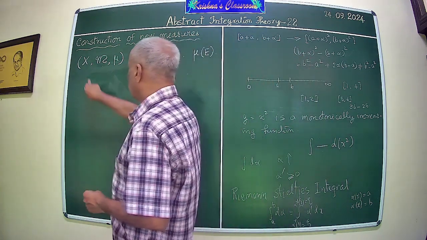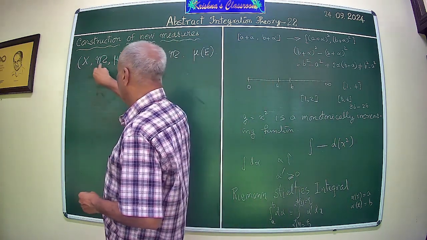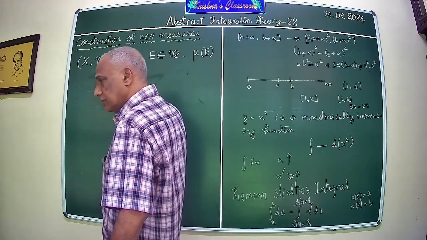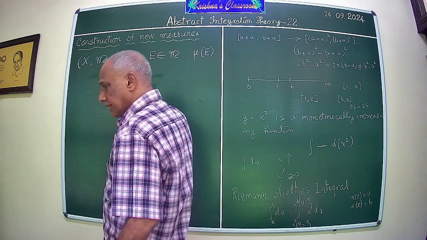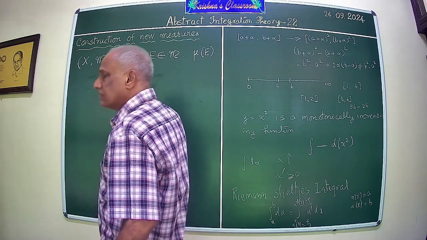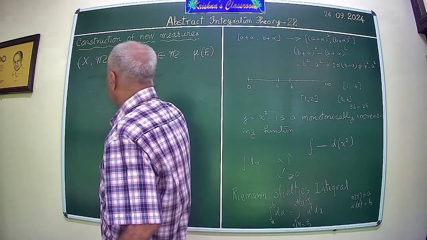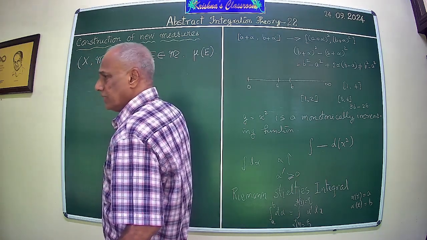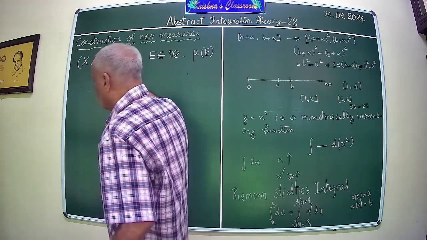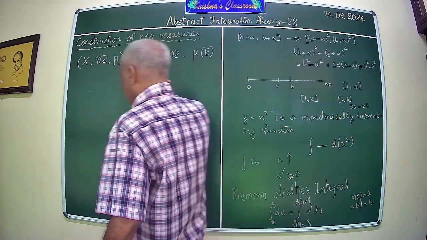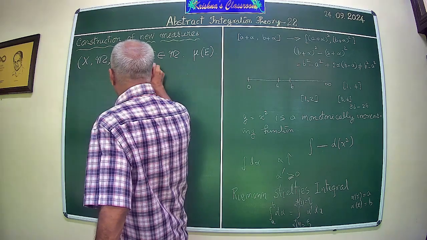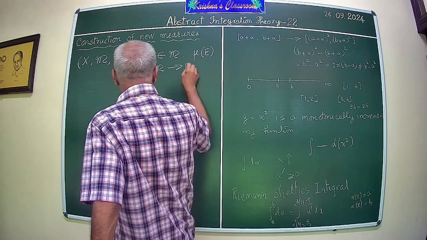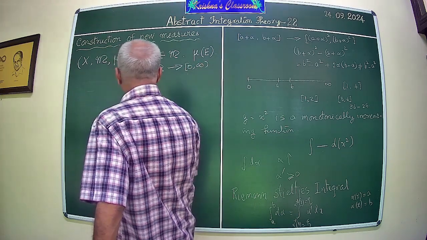So you have a set X over which there is a sigma algebra of measurable sets, and then on that you have defined a measure. We defined a positive measure by introducing a non-negative function mu from the sigma algebra to [0, infinity], which is countably additive.